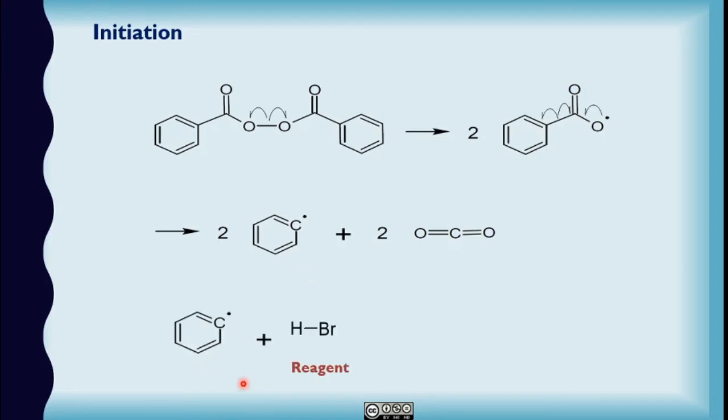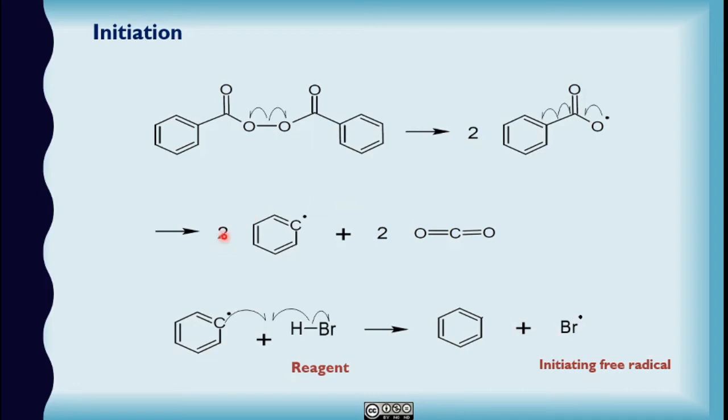This phenyl radical initiates the formation of the initiating radical by reacting with the reagent HBr. This is how the initiating free radical will be formed, and it is this free radical which will be used in the propagation step.